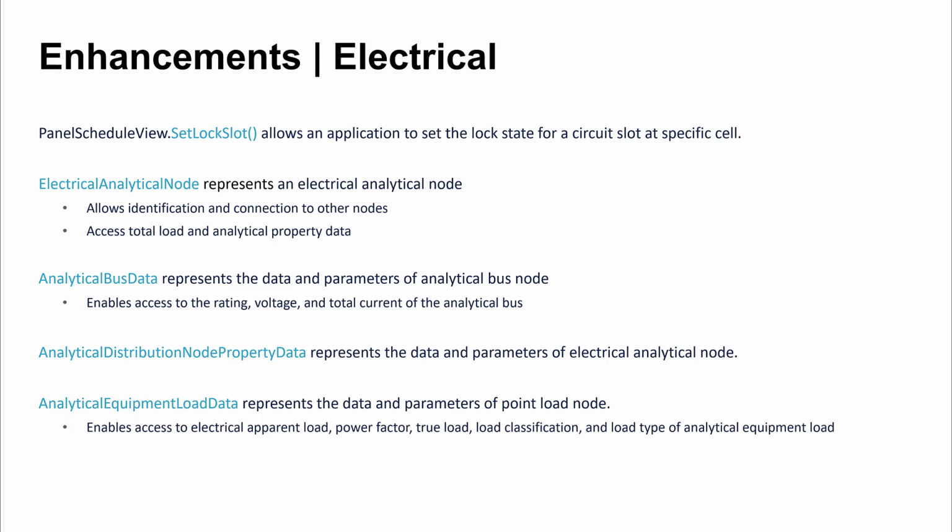We've also got data for an analytical distribution node, which represents the data and parameters of an electrical analytical node. We've also got analytical equipment load data, which enables the access to electrical parent load, power factor, true load, load classification, and load type of analytical equipment loads.